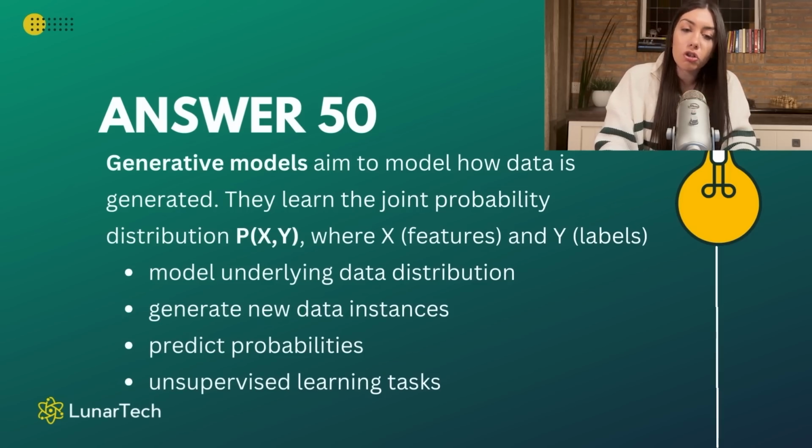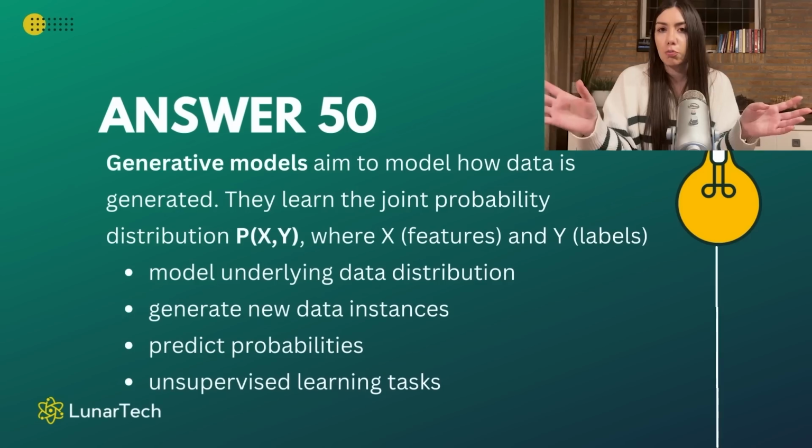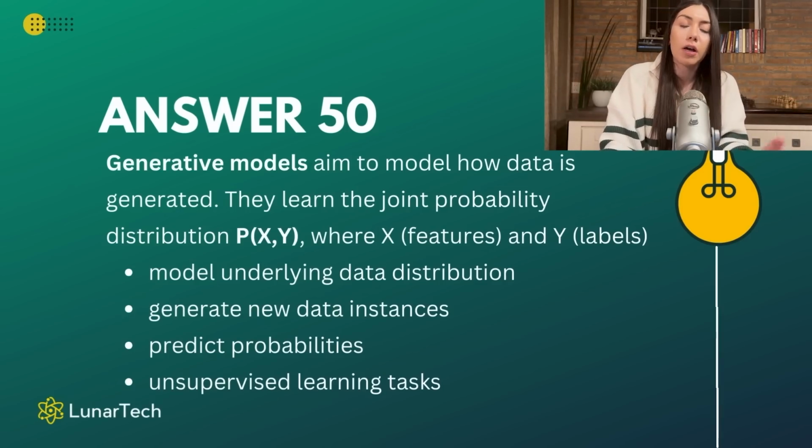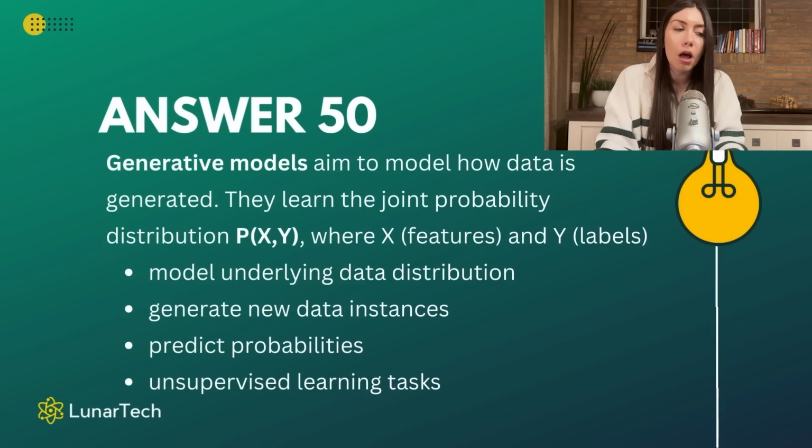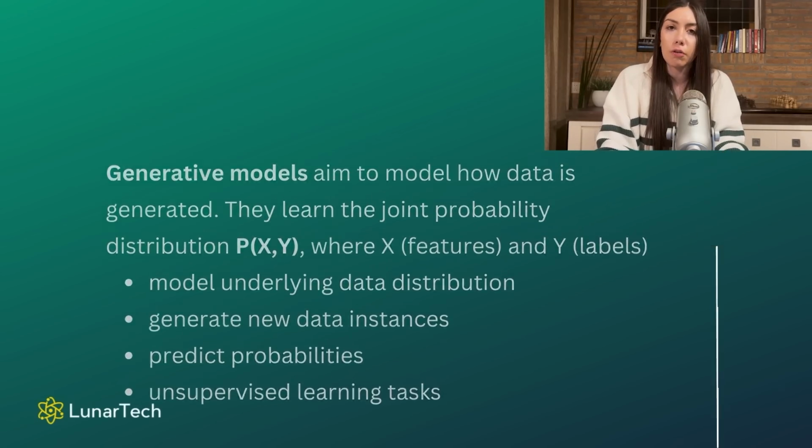And besides this, generative models are also great when it comes to unsupervised learning tasks. So from machine learning, you are most likely familiar with this idea of supervised versus unsupervised. In case of supervised, we do have the labels, so the Y values. But in the unsupervised case, we don't have labels to supervise the learning process, which means that we need to perform the learning only using the features.